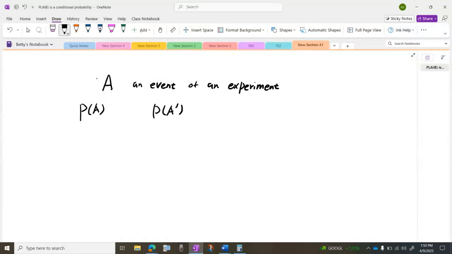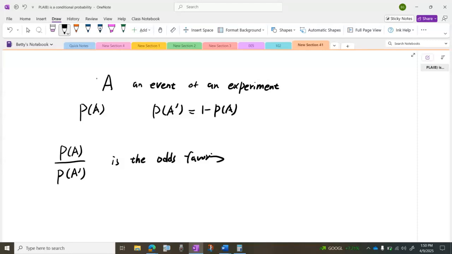P of A prime, which is 1 minus P of A, is the chance of A not occurring, right? Then we call P of A over P of A prime the odds favoring A occurring.